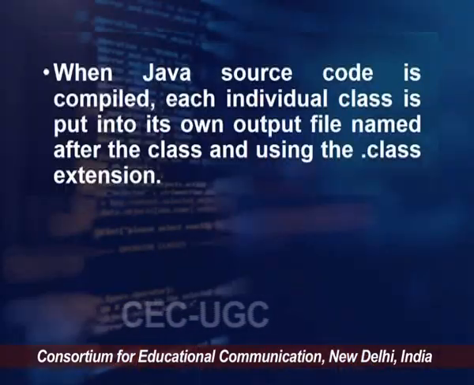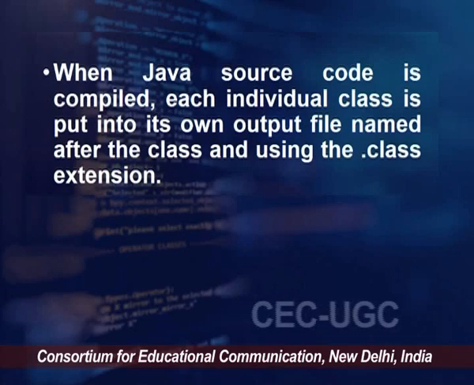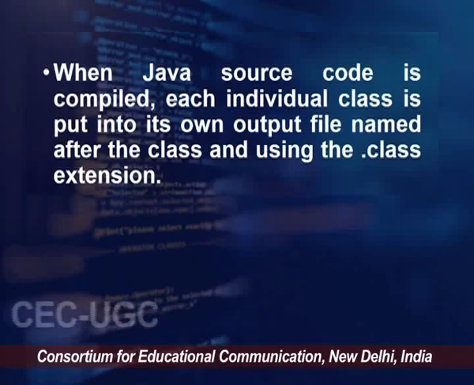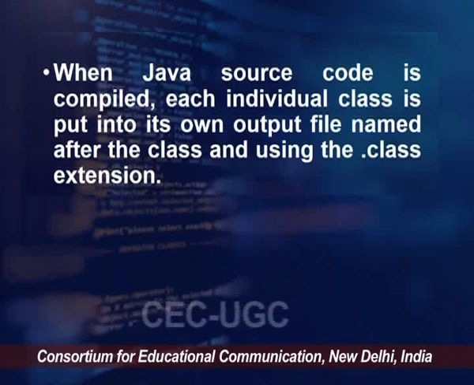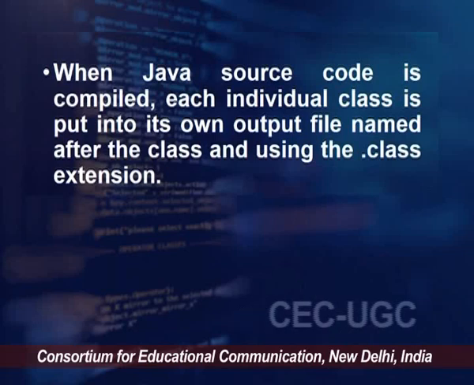So it was saved as a .java program, and when it was compiled it formed bytecode in the form of a .class file, which is then executed. When Java source code is compiled, each individual class will have its own separate output file named after the class using the .class extension.